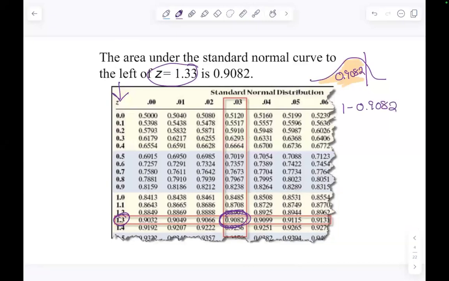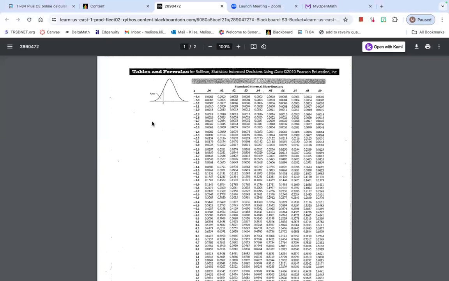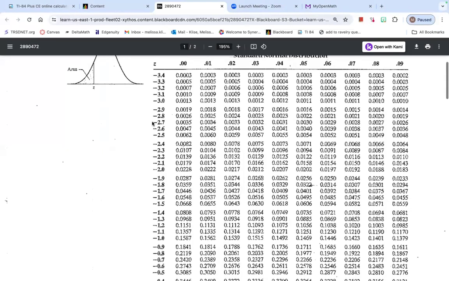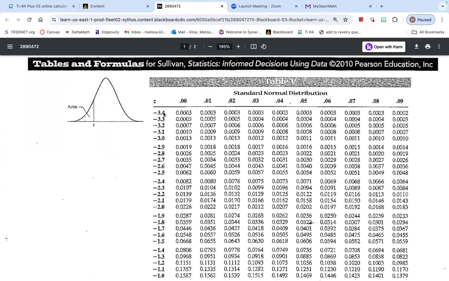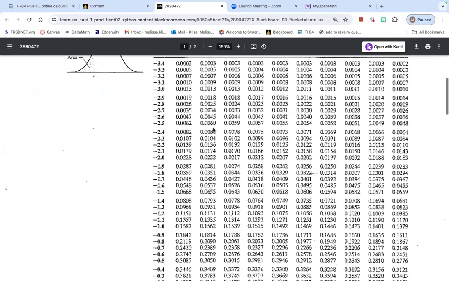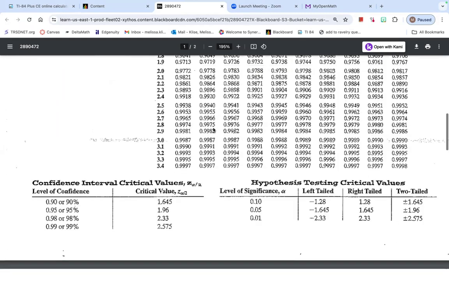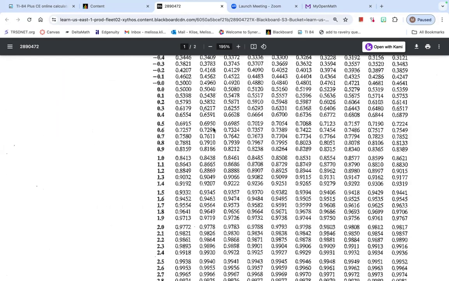Since our z-table only gives the area to the left, and it doesn't matter what that value is, you get it. Okay, I'm going to show you the z-table we have. As you can see, it starts from negative 3.4 and goes all the way up to positive 3.4, I believe. So we're looking for 1.33.